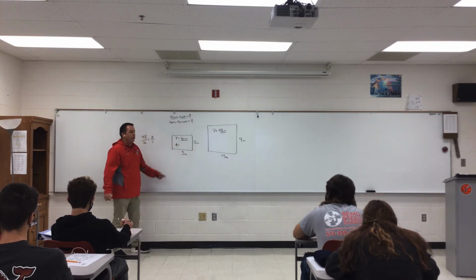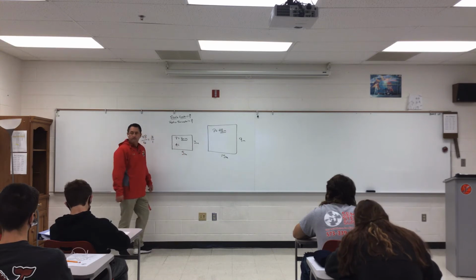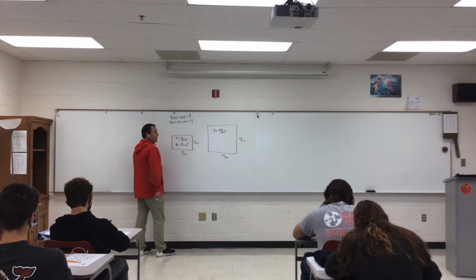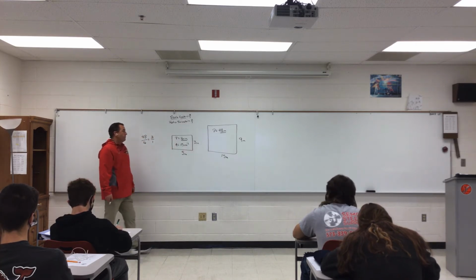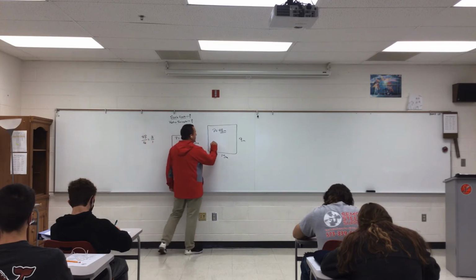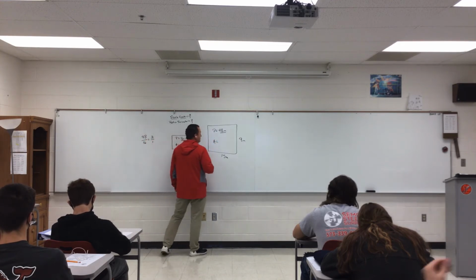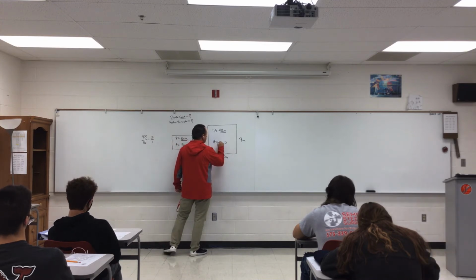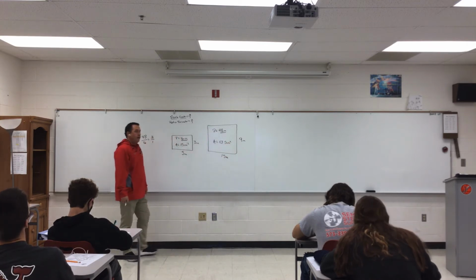What would be the area of this rectangle? We would do base times height, right? 5 times 3 is 15, so that'd be 15 inches squared. The area of this one, if I do 15 times 9, that's 135, isn't it?